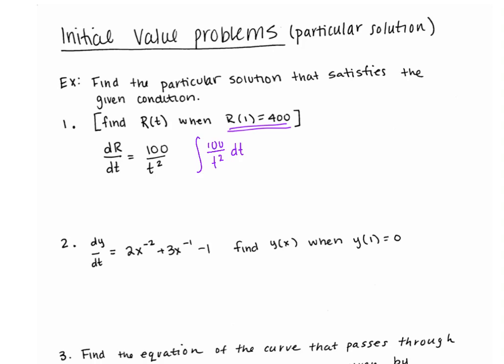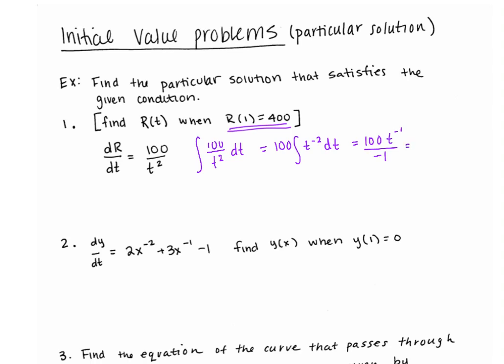The first thing I'm going to do is move the 100 on the outside. And I'm also going to move t squared up to the top. Then I'm going to apply my power rule where I add 1 to the exponent and then divide by my new exponent.